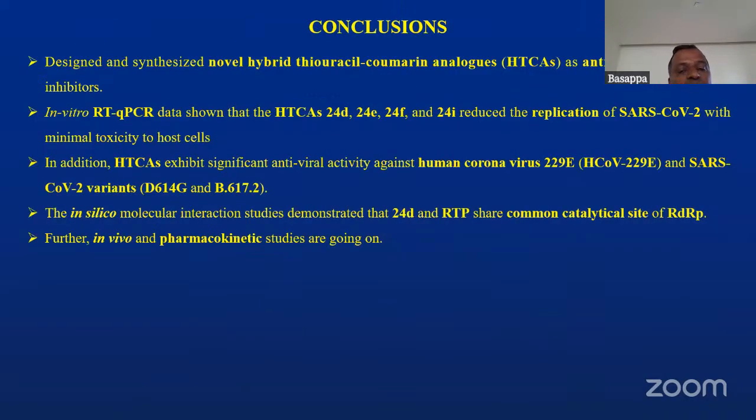So in conclusion, I could say that we designed novel hybrid thiouracil coumarin analogs as SARS-CoV-2 viral inhibitors. Further, we also demonstrated the in vitro RT-qPCR data, where some of the lead structures showed an inhibitory effect and were not toxic to host cells, thereby the selectivity index was higher.